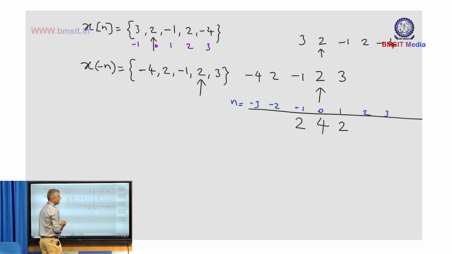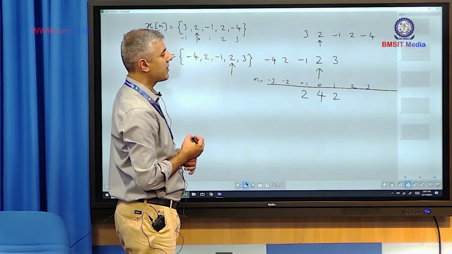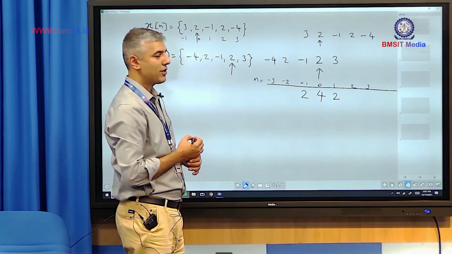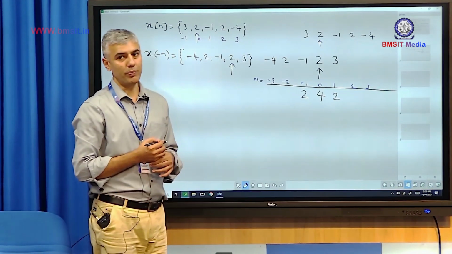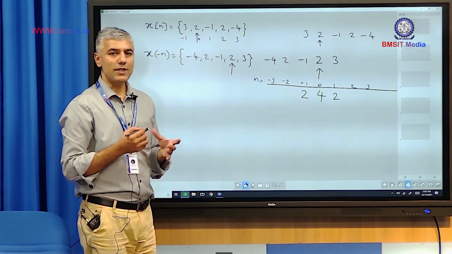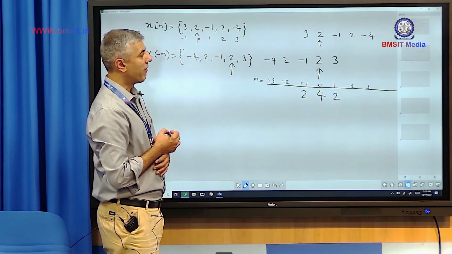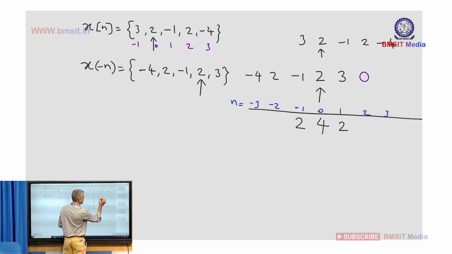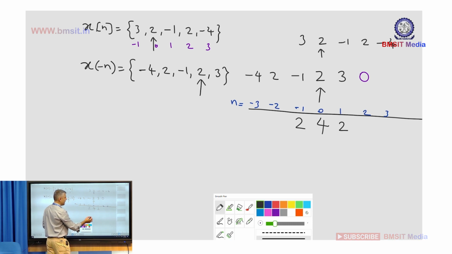But what about the values at n equal to 2? At n equal to 2, the given signal x of n has a value of 2, whereas the folded version of the same signal does not have any particular value there. So the idea is to consider that value as 0 and then proceed with the addition.